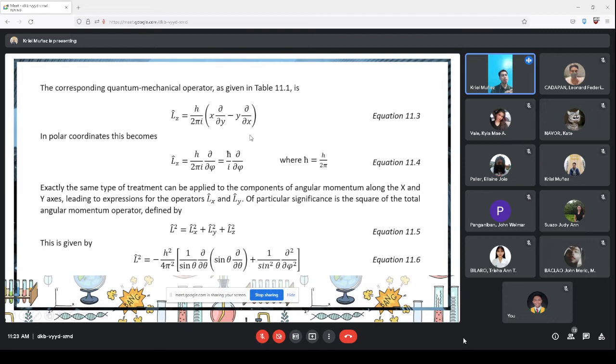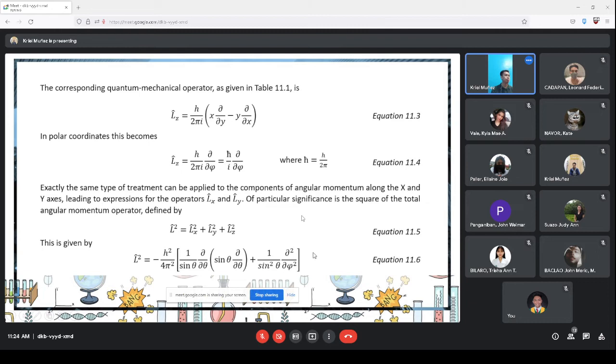As you would see in table 11.1, they are the same, like h over 2 pi i. They only change in their dependence on phi or theta. So we get negative h squared over 4 pi squared multiplied by 1 over sine theta times the first derivative of sine theta times the first derivative of the wave function with respect to theta, plus 1 over sine squared theta times the second derivative of the wave function with respect to phi.